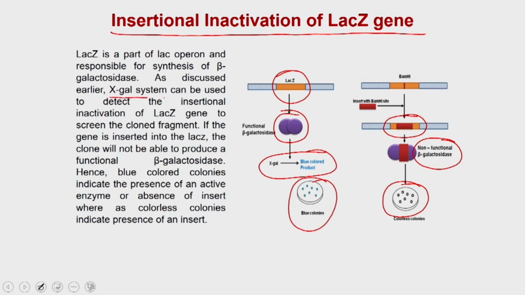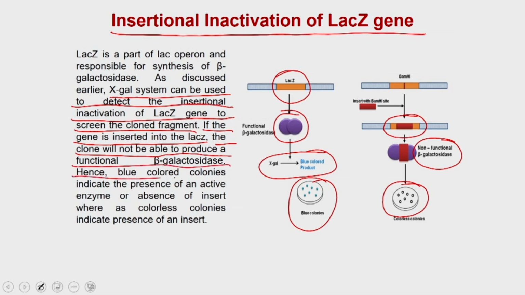So, the X-gal system can be used to detect the insertional inactivation of the LacZ gene to screen the cloned fragment. If the gene is inserted into LacZ, the clone will not be able to produce a functional beta galactosidase.